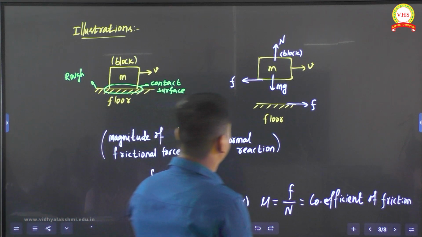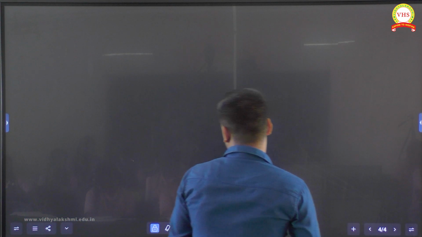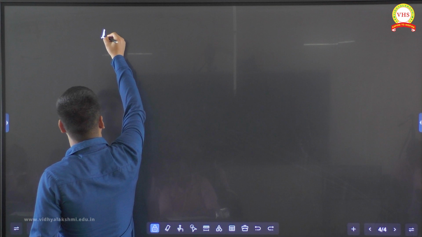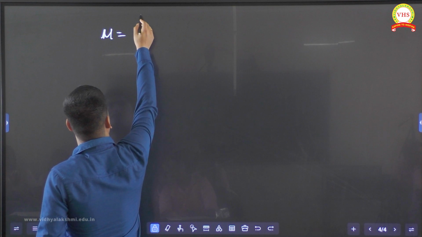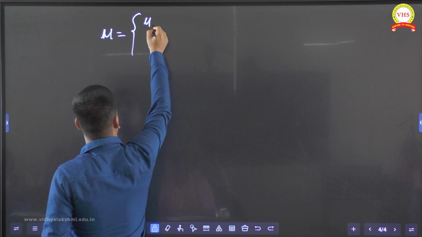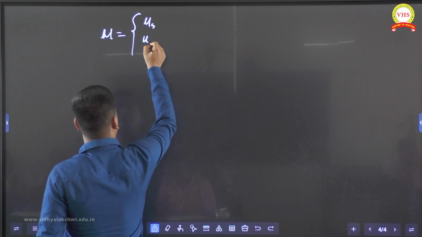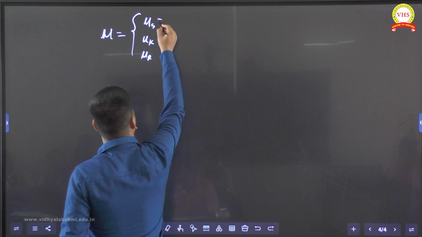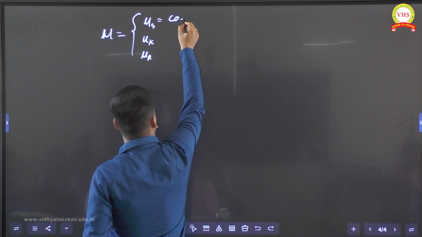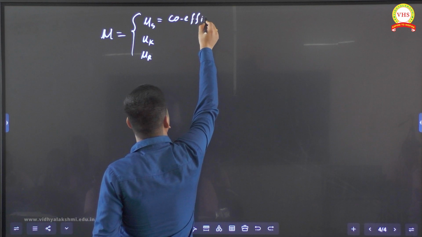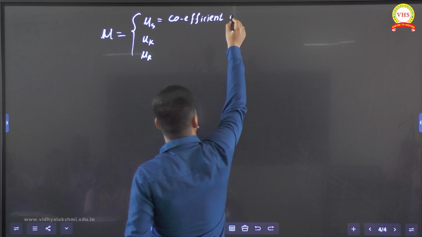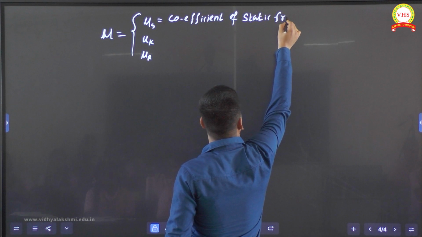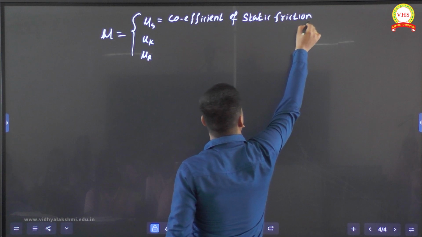Now next listen. Now if you want to write the types of mu, I'll get three types of mu. One is mu s, one is mu k, and another is mu r. This is called the coefficient of static friction.